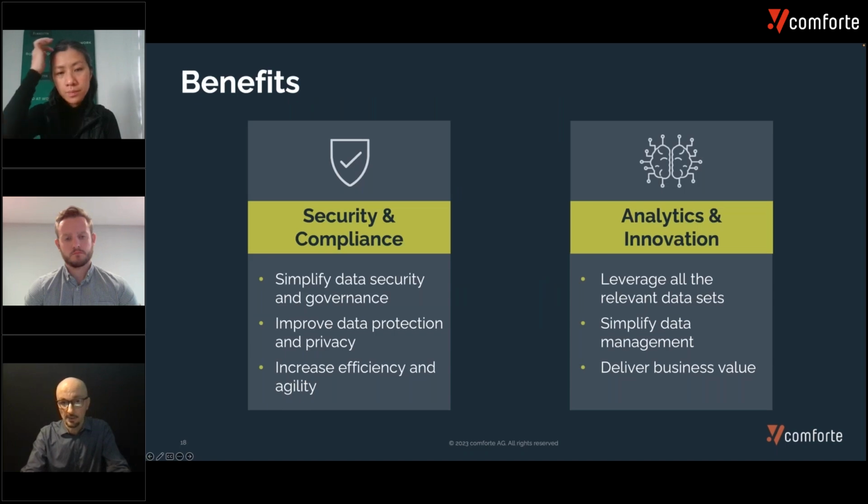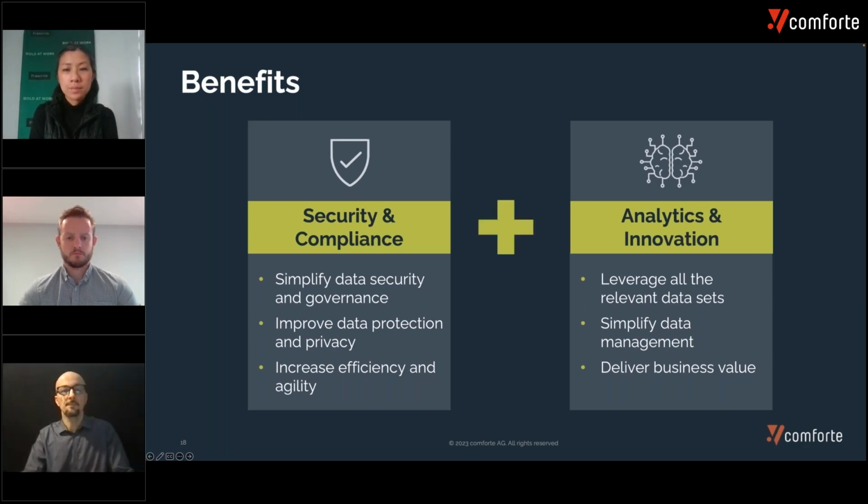As a result, organizations can implement data projects that were previously impossible because of these privacy or security concerns, bridging that gap between security and privacy and data utility. So security and compliance teams can now get complete control of the sensitive data.